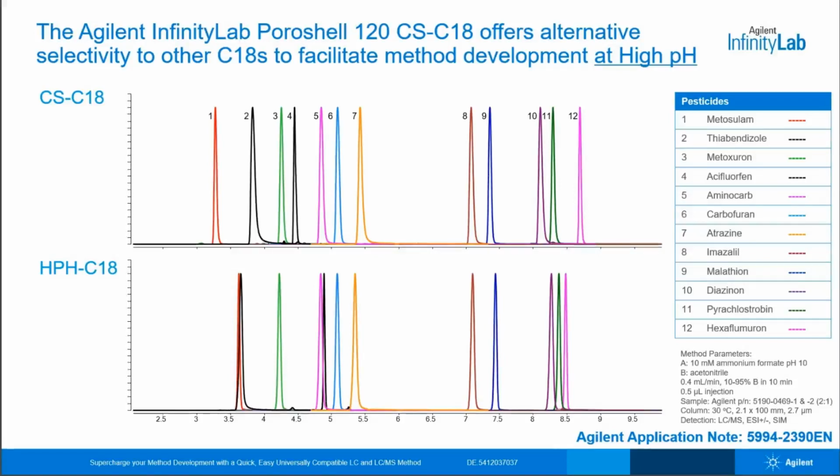Another benefit to the wide variety of phases in the Poroshell 120 family is that you can also have multiple selectivity options to help you with method development at high pH, as shown here with the sample of pesticides. The CSC18 and HPHC18 give very different results with the same high pH method, and the HPHC8 is a third high pH selectivity option which is not pictured here.